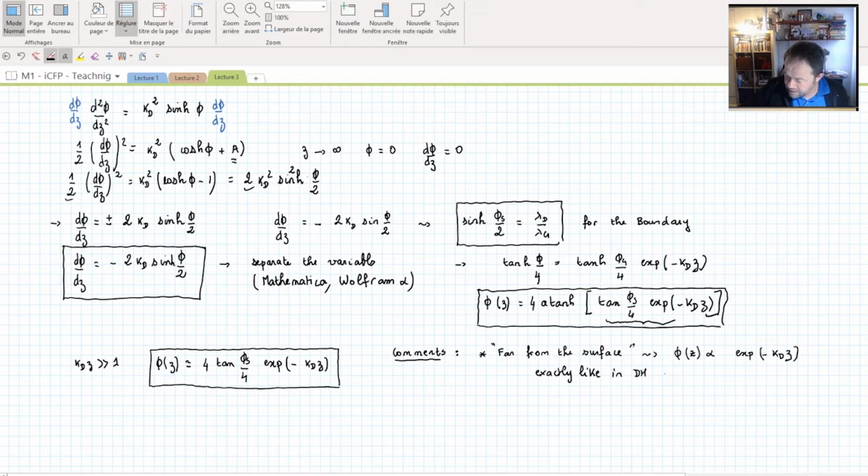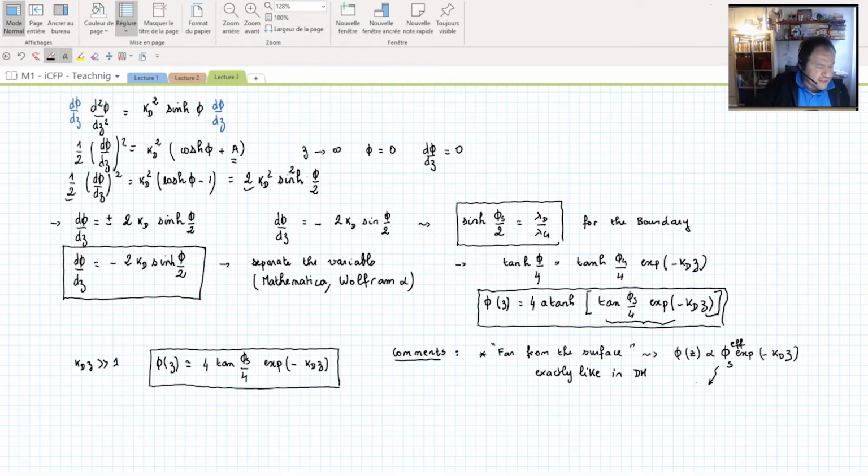But what is different here is that the potential at the surface that we measure is not the right one. It's kind of an effective potential.